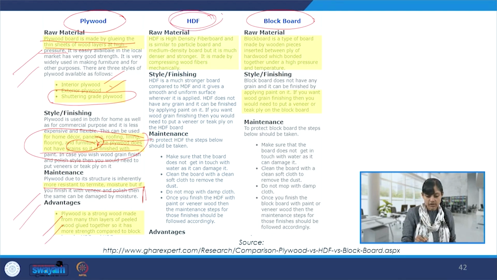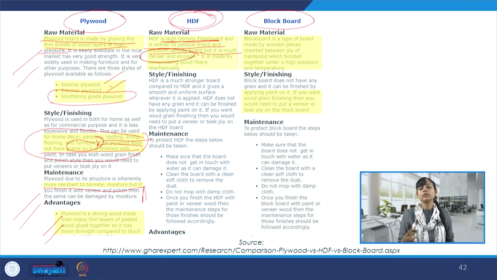Then we have HDF, the high density fiber board, and you must have come across MDF, medium density fiber board. That's also very popular in interior design projects. But we also have HDF, which is quite useful. It is similar to particle board and medium density board, but it is much denser and stronger. So it is quite a popular choice currently.